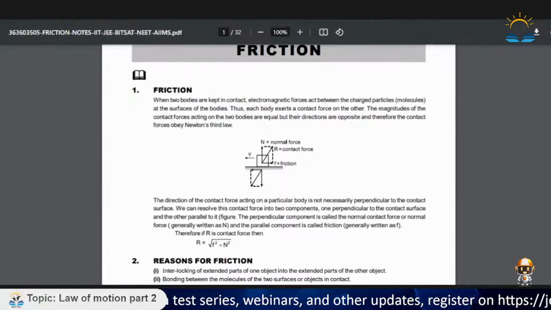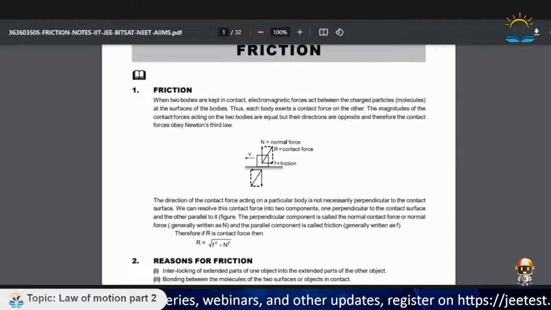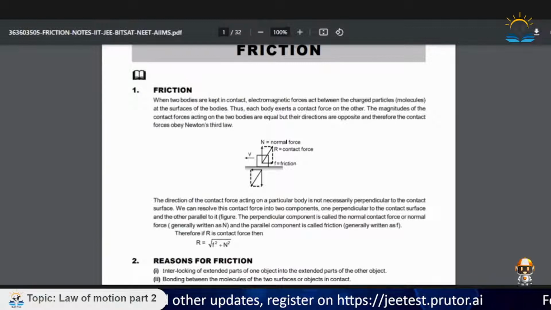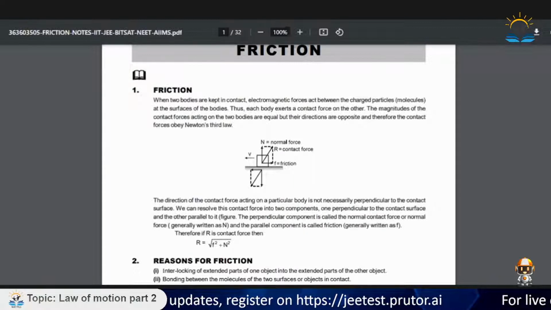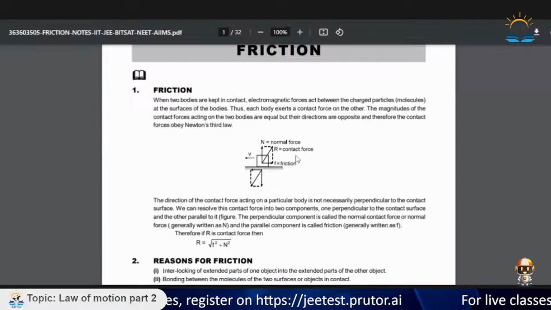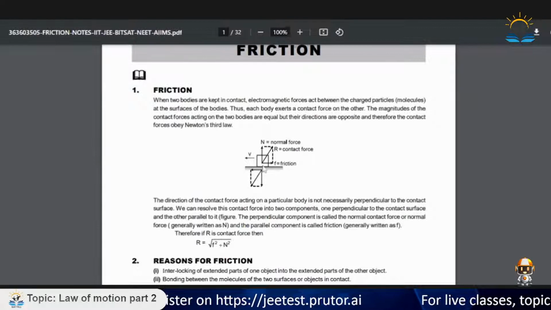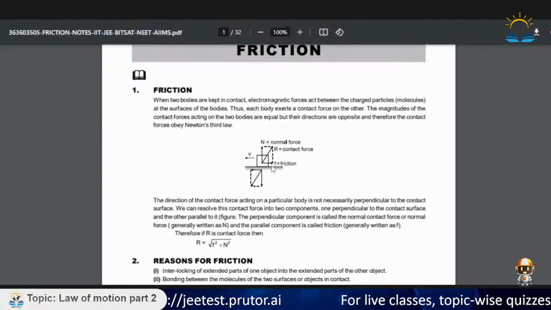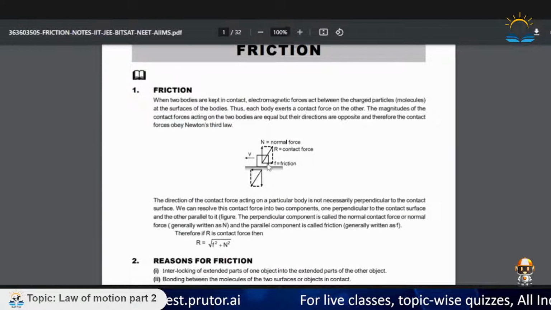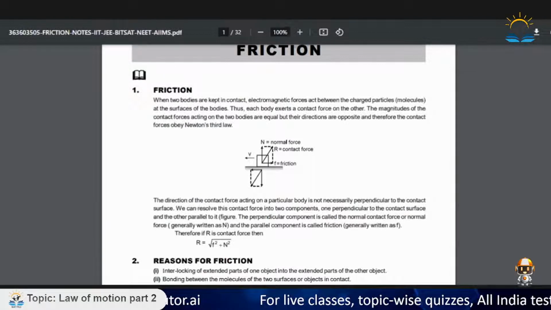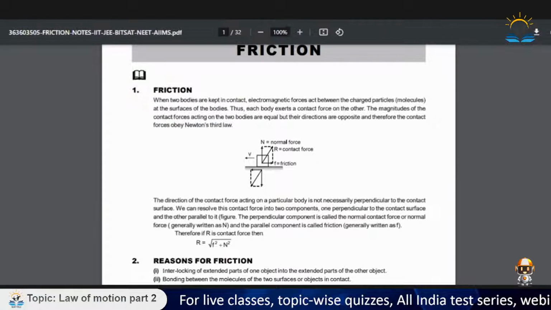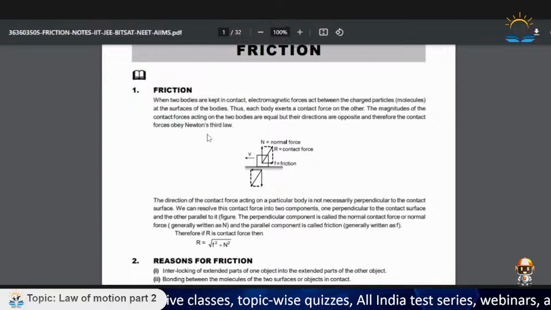You can understand it like this: on a straight road you can go fast, but on a road which has many bumps and obstacles, you will feel some resistance while traveling on it. Similarly, these surfaces are not perfectly smooth at the micro level, so because of it friction is present.